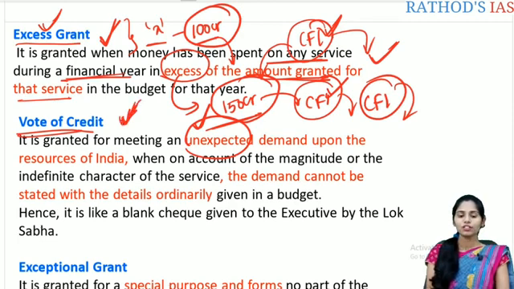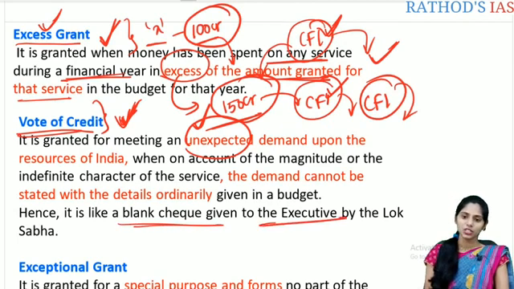Under this vote of credit, whenever there is a new scheme in the budget, we do not know how much amount is necessary for that new scheme. In this context, we will go for this vote of credit. It is like a blank check given to the executive by the Lok Sabha. So this is vote of credit in simple layman terms.